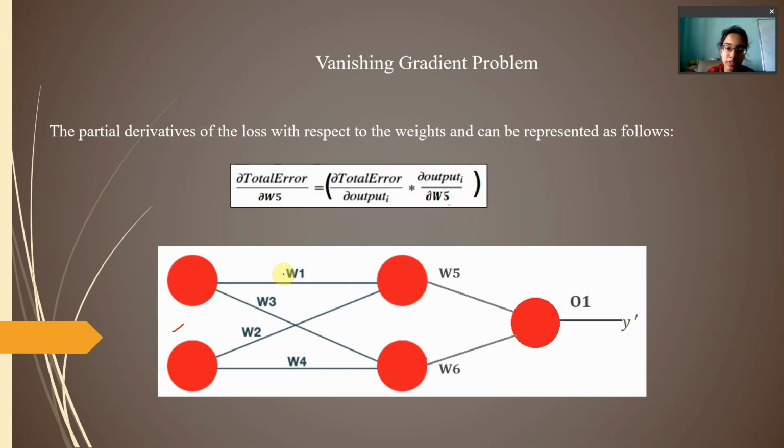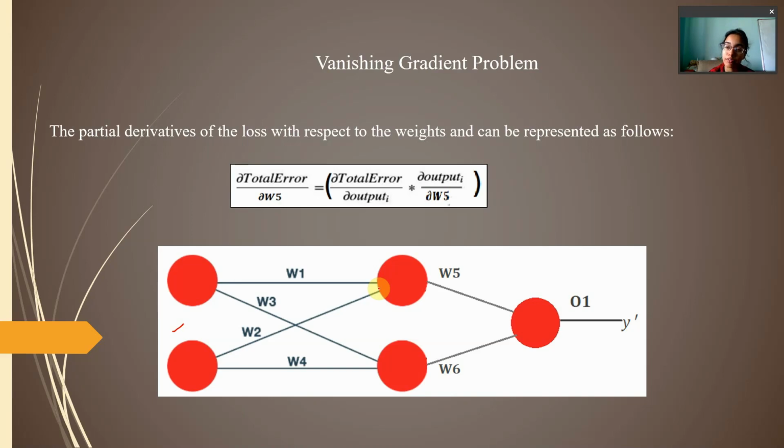After the weights are applied, this goes to the hidden layer where the processing is done and an output is generated, which then goes to the final output layer. So O1 is the predicted output, which gives the output Y dash.